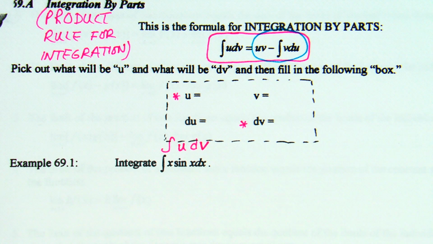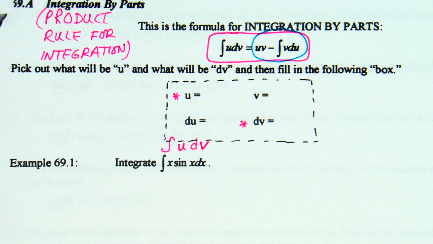The dv will be the other piece along with the dx. So whatever we do for u, we want it to have a nice neat derivative. Whatever we do for dv, we want it to be able to integrate relatively nicely. And one of the things you'll figure out today is if what we pick doesn't work to begin with, then we'll flip-flop and try the other way.